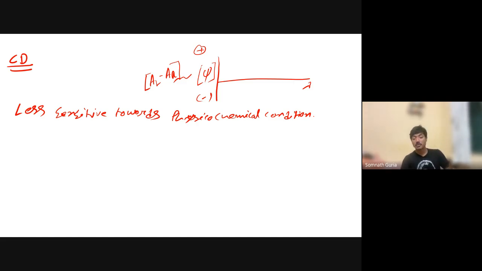One interesting thing is that before doing CD spectroscopy, we always perform the UV spectra, so we are able to know where our band will come and where the band is actually active in that particular wavelength region. With respect to that, in the CD instrument we provide the region from where to where we should scan.